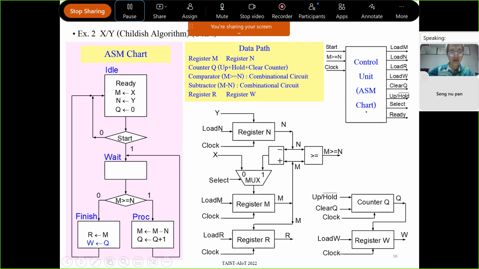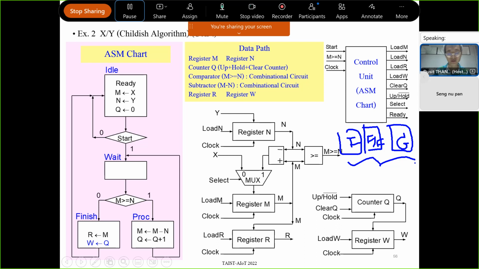For the control unit, actually, you can design it using the previous topic: namely flip-flop, circuit F and circuit G, the state machine that I explained.